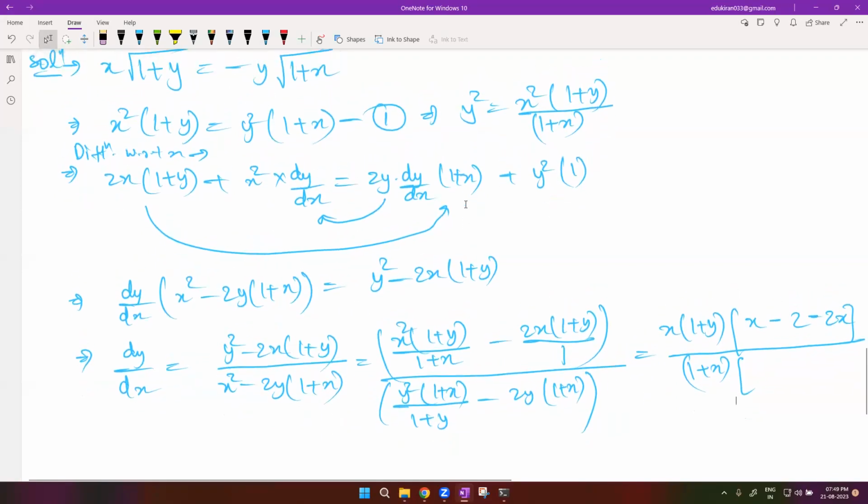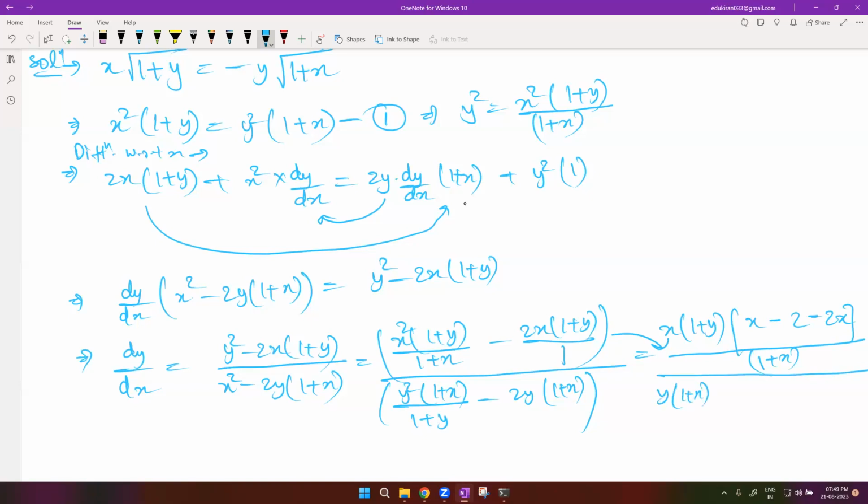Whatever is written right now is your whole numerator part. I'm writing this so that you can reach these steps when you solve this yourself. Divided by, and if I take common from here, this will be y into 1 plus x.